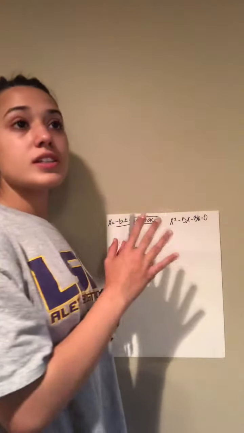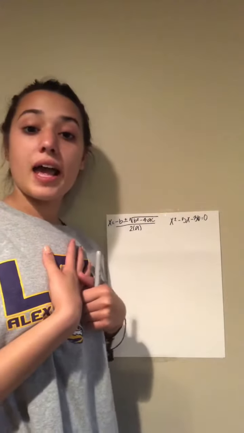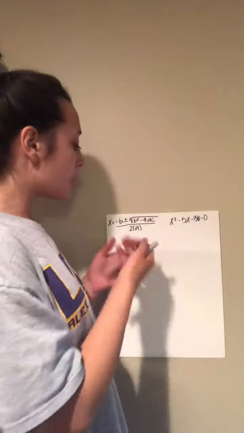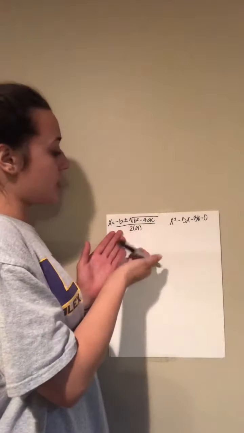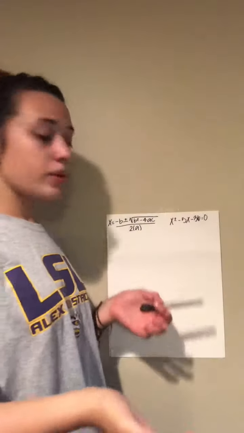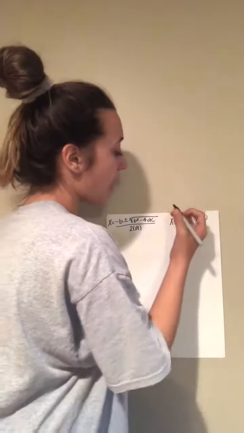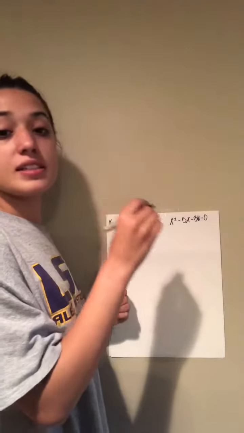The first step that I always do is to identify a, b, and c, because if you look at your formula, you see that you have a, b, and c. Well, what numbers are a, b, and c? I'll show you. A is x squared, and a always is the one that is raised to the second power.